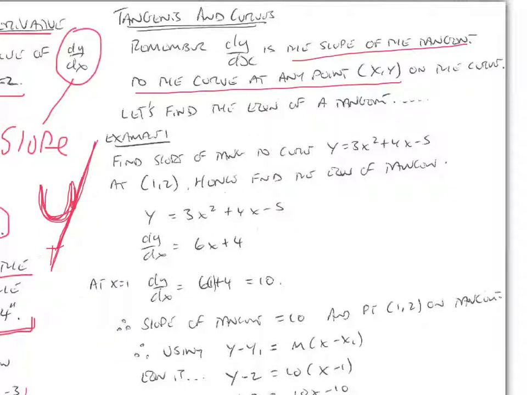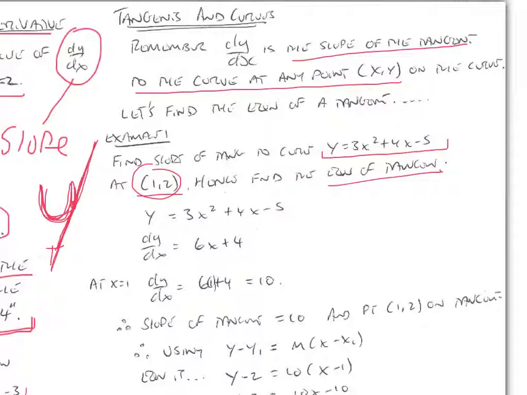Okay, it's a line. Find the slope of the tangent to the curve y equals 3x squared plus 4x minus 5 at the point (1, 2). So it's where the tangent touches the curve at (1, 2). We want to find the slope of that tangent, and then when we know that, find the equation of the tangent, because we'll know its slope and we'll know its point.